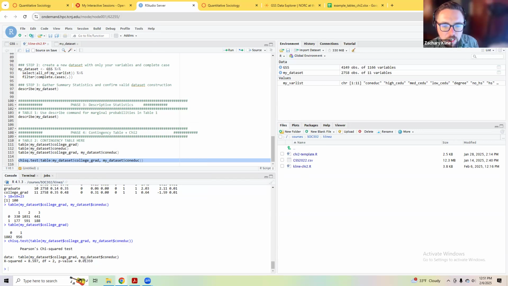So it's fairly unlikely we would have observed this data. In other words, we can be fairly confident that there is a statistically significant relationship between college grad and confidence in education. The general cutoff we'll use in this class, and that is used across the board, is a p-level of 0.05. If the p-value is less than 0.05, there's a less than 5% chance we would have observed this sample if there was actually no relationship. So we're fairly confident there is a relationship.